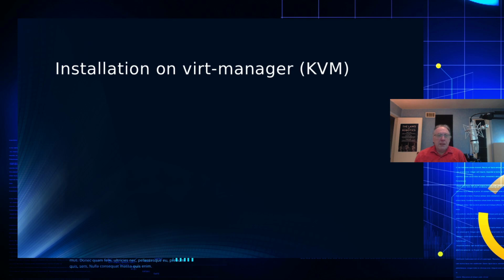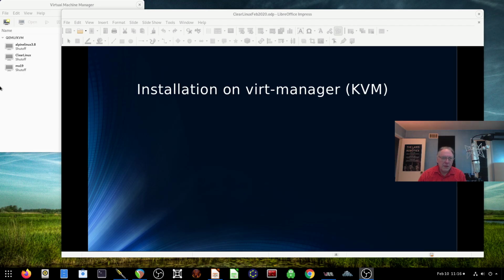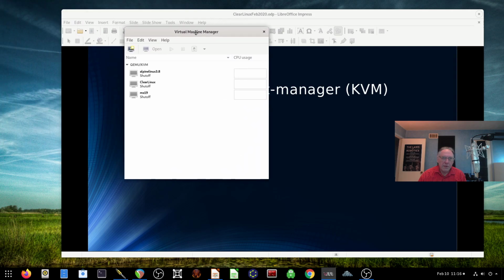So I think probably the best thing to do, as always, is try to go and install this and give it a try. So I'm going to switch over to my full screen mode as usual, and I'm going to go here to Virtual Manager. I have set this up already, but I'm going to install it again.